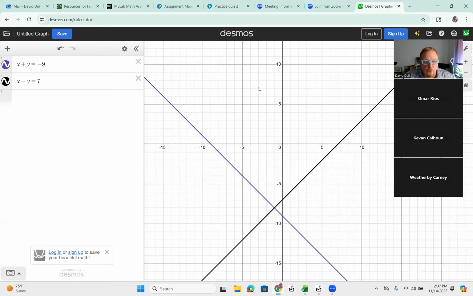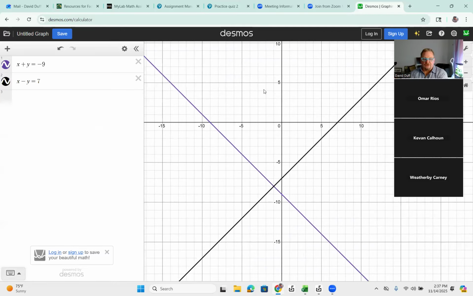So what does solve a system of equations mean? It means find this point right here, this intersection point. That's what it means. We want to find that point right here. Now, when I put it into Desmos and click on it, it gives me the solution. It tells me that -1, -8 is the place where these two lines intersect.